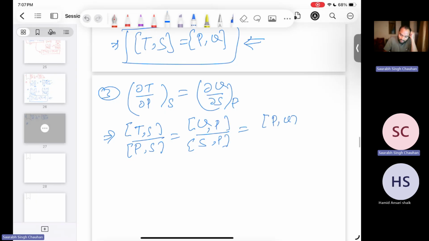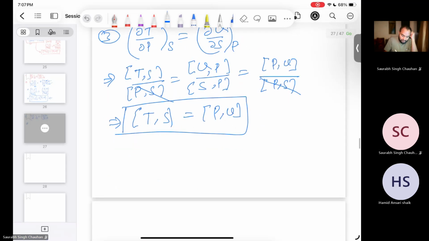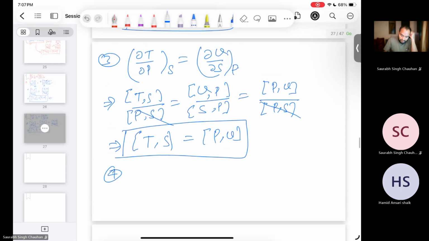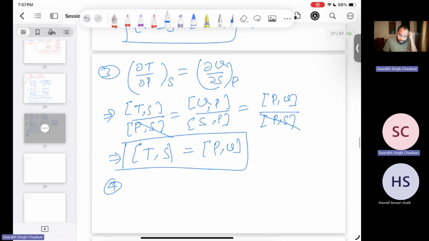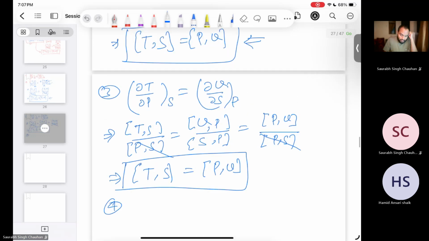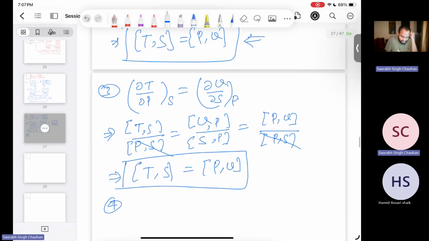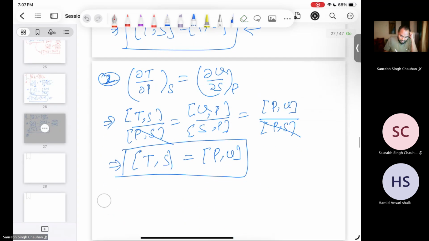So P comma V, we will have P comma S, right? So this thing and this thing cancel out. We are left with T comma S is equal to P comma V. Again the same thing. So we just repeated the second one, I guess. Okay, so this is the second one. Third one.